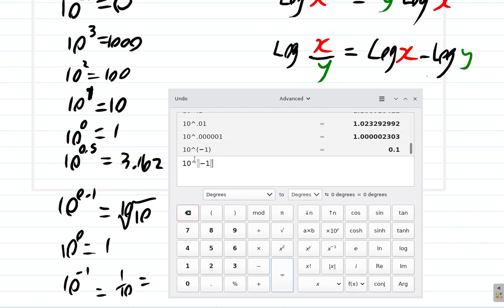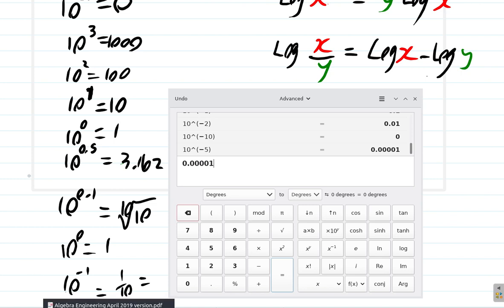Suppose we had 10 to the negative 2. What will happen? 0.01. Suppose we had 10 to the negative 10. Well, it is close to 0, but it would not be 0. 10 to the negative 5.